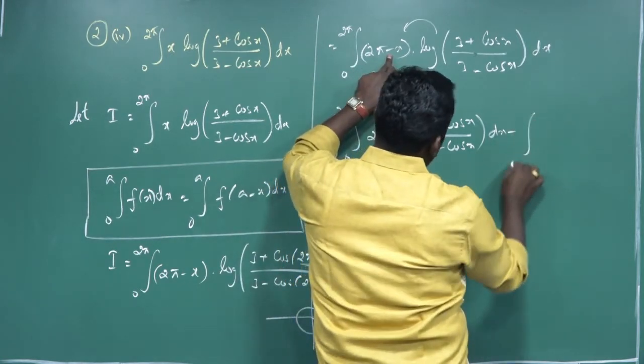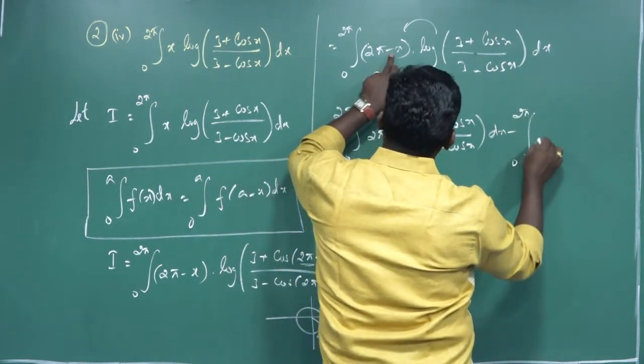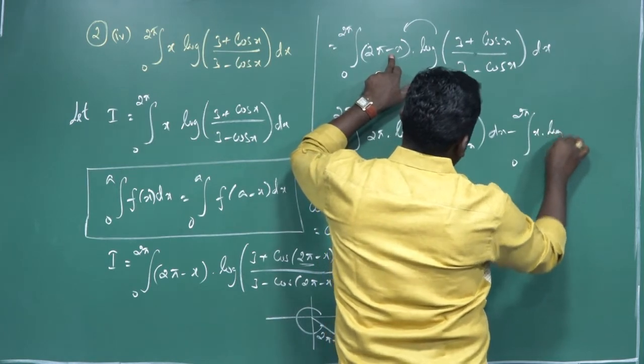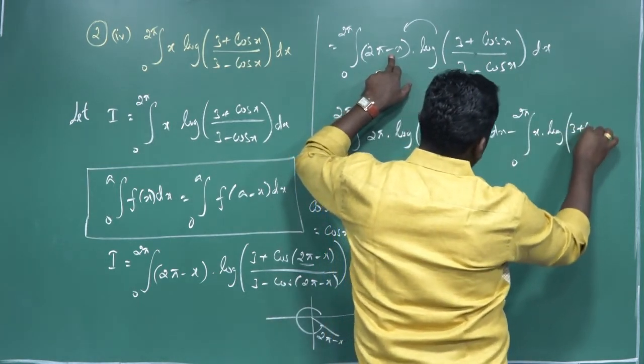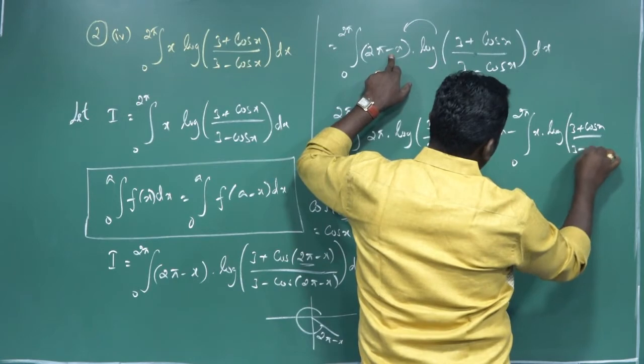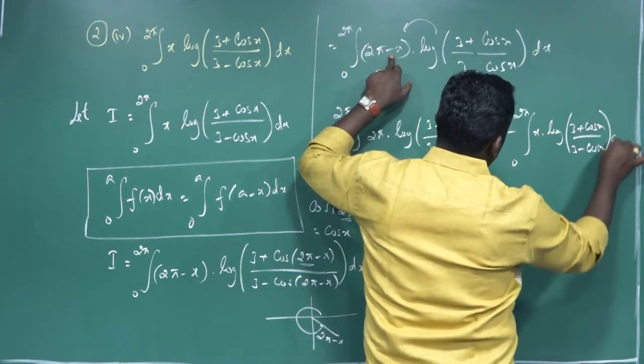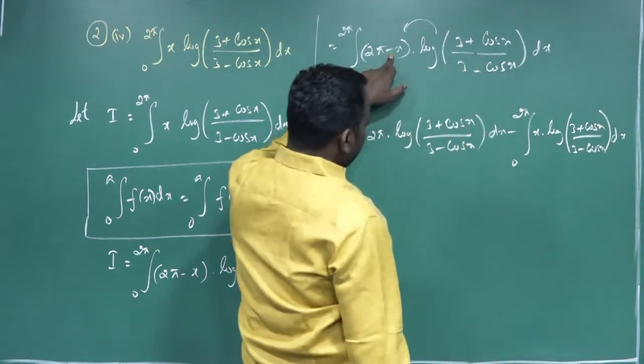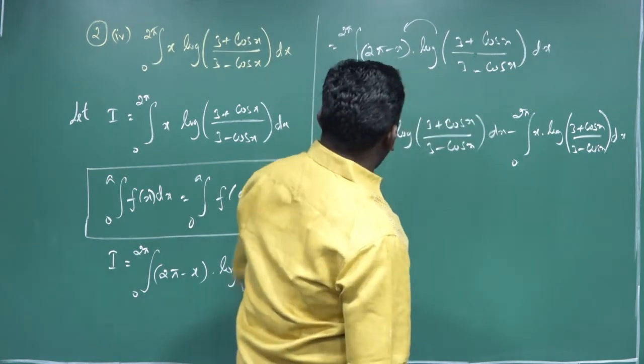minus the integral from 0 to 2π of x log((3 + cos x)/(3 − cos x)) dx. Just multiply this term into the bracket.